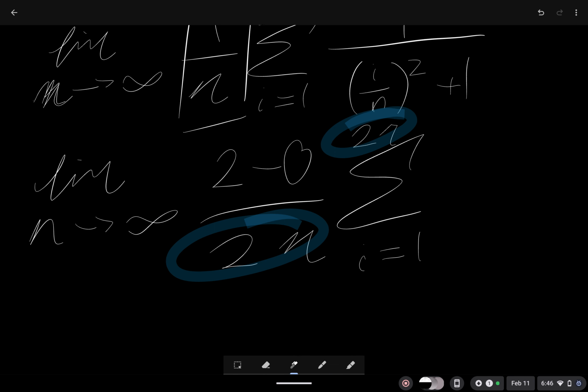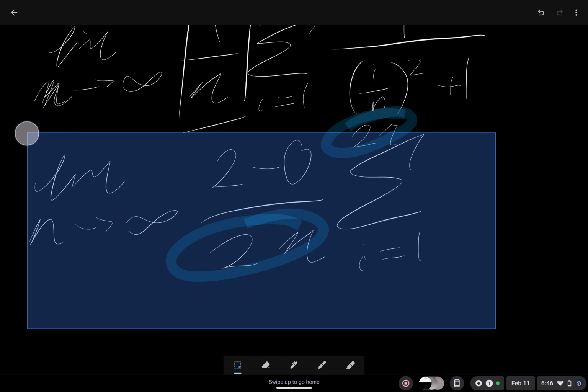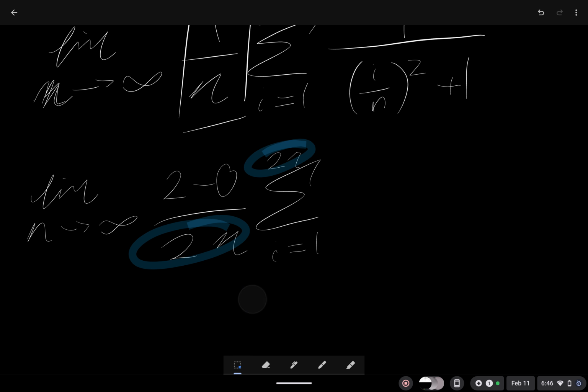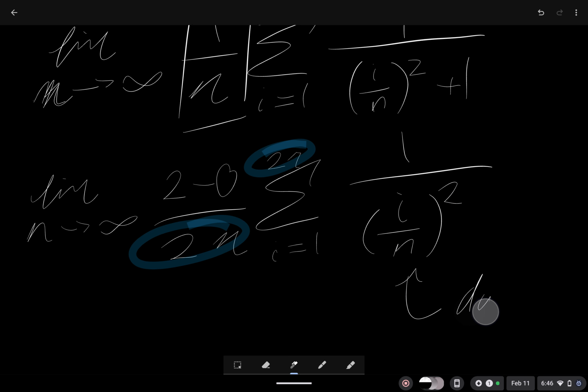Then we have the i over n. Let's just move this and make this smaller. All right. Another thing I'd like to point out is that this term with the i over n is what is known as a dummy variable.